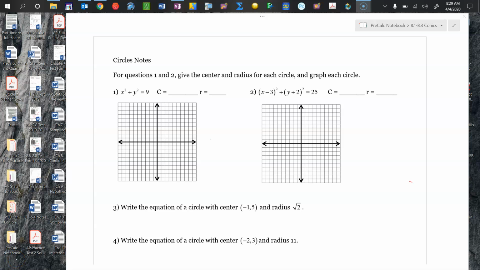Hello everyone. We're going to start our discussion of conic sections with a review of circles. So to begin with, the standard form for the equation of a circle goes like this.